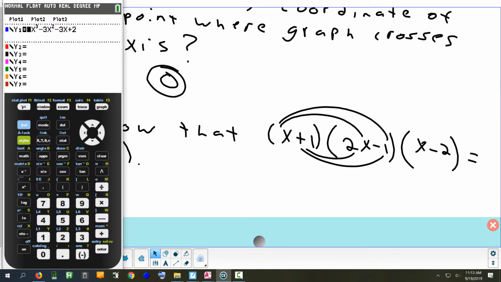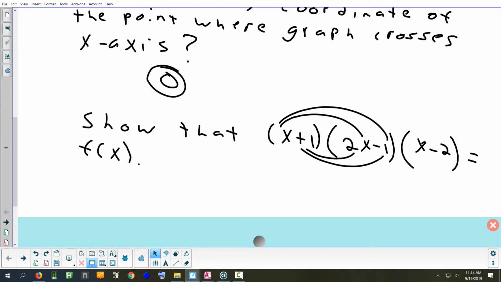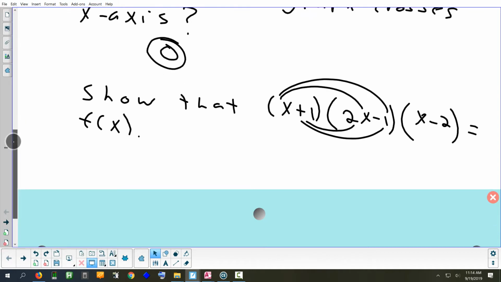Let's put in x plus 1, put in 2x minus 1, and x minus 2. Hit graph. Does everyone see how they're exactly the same? Just drew it right on top of it. So they're the same thing. This one is factored. The top one isn't.